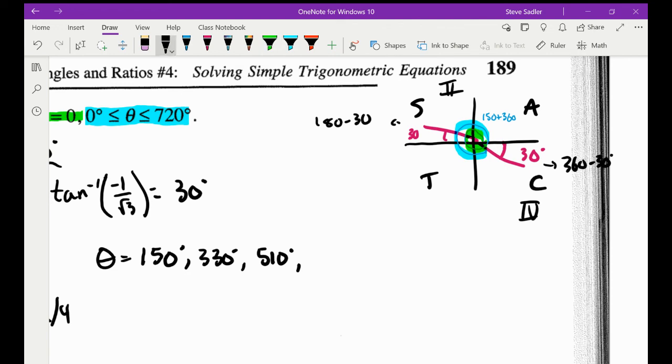So 330 plus 360, and that will get us 690. And that's the answer. So we have 2 rotations, and within each rotation we have 2 answers, so that means we should have 4 answers total.